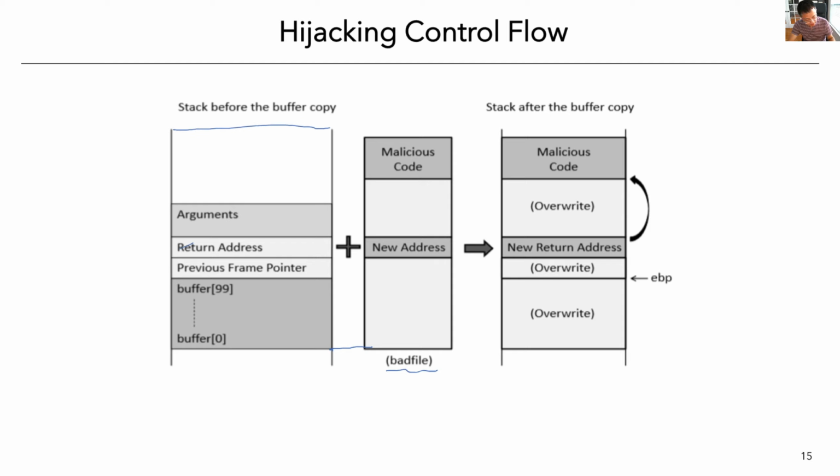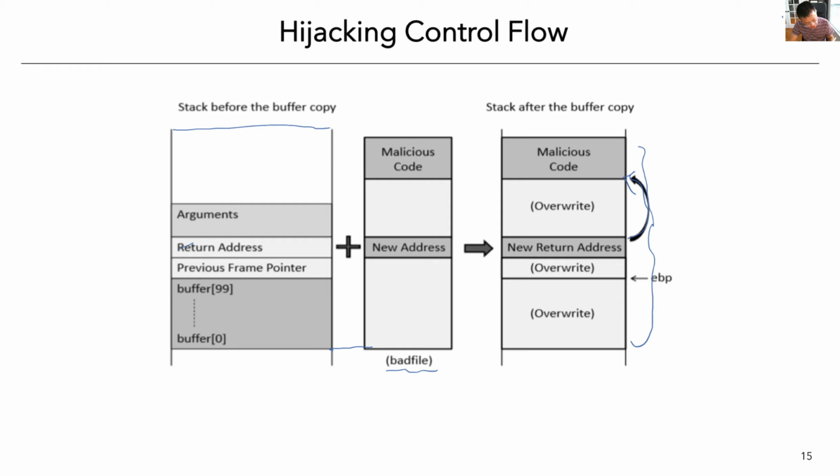When it's being overwritten, it's going to overwrite this whole area. So the return address needs to point to the malicious code in order to hijack the control flow, right?